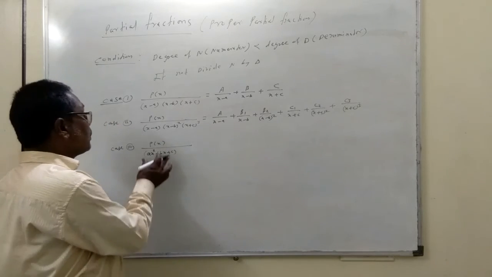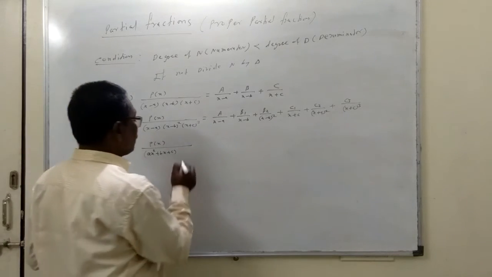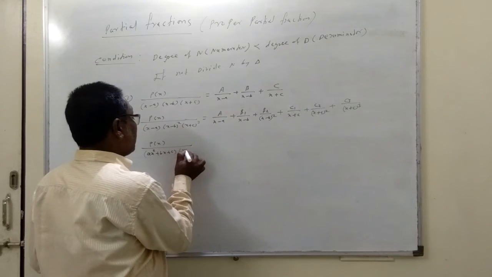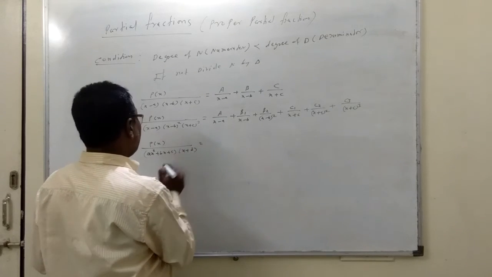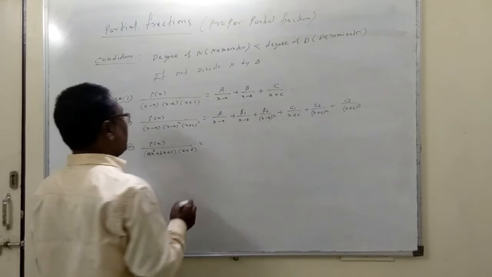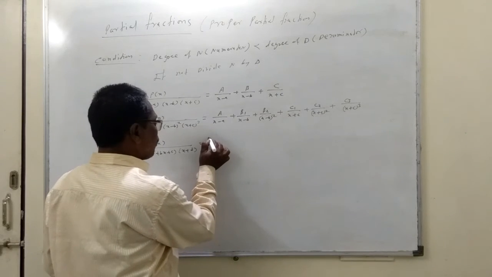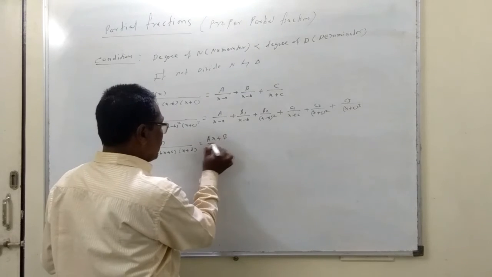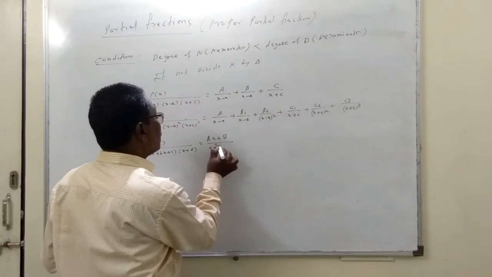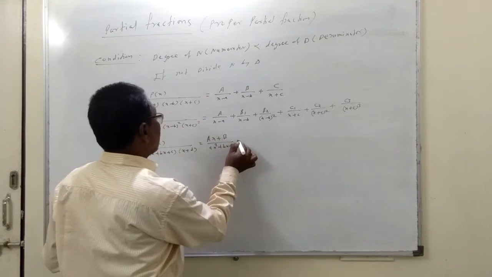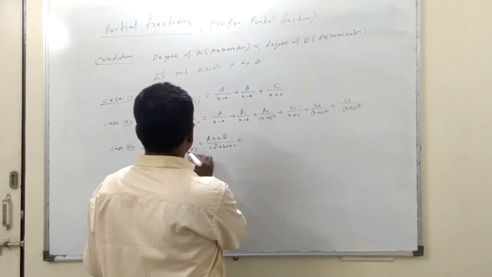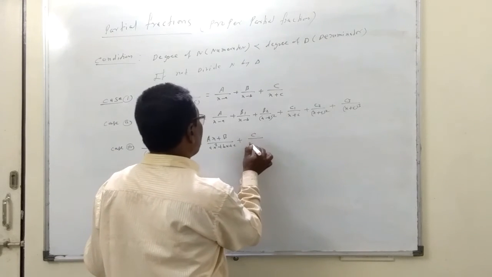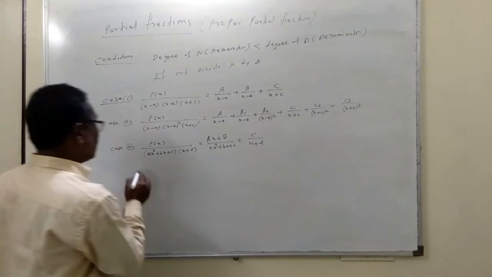So we are assuming here that this is not factorizable into real factors, and there is also x plus d, suppose. Since this is a second degree factor, we take the arbitrary constant as first degree, that is linear. So (Ax plus B) divided by (ax square plus bx plus c), plus, for the linear factor, C upon x plus d.